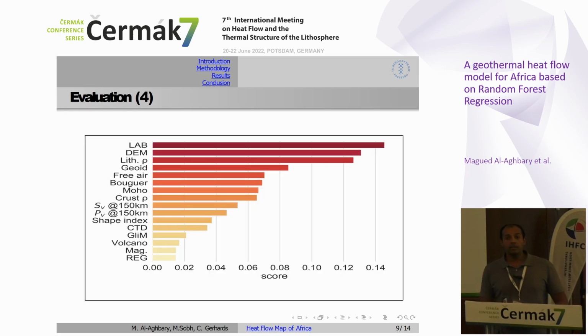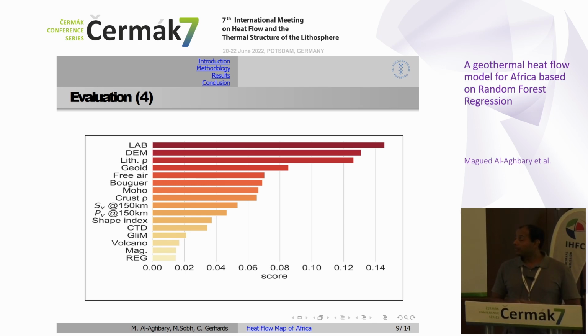I have already mentioned that we use 16 geo-observables. However, are those geo-observables equally important? There is an internal mechanism in random forest that ranks those observables, how they contribute to the final value.